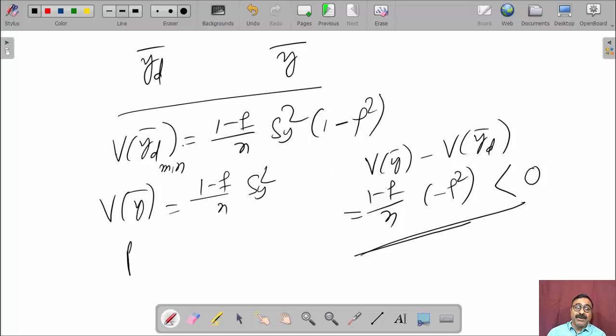So here minimum case means we take beta, the population regression coefficient of y on x, in place of beta 0.